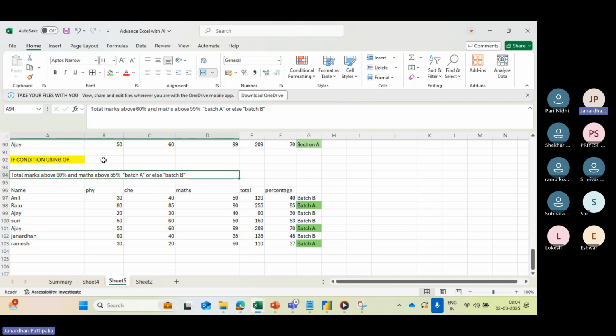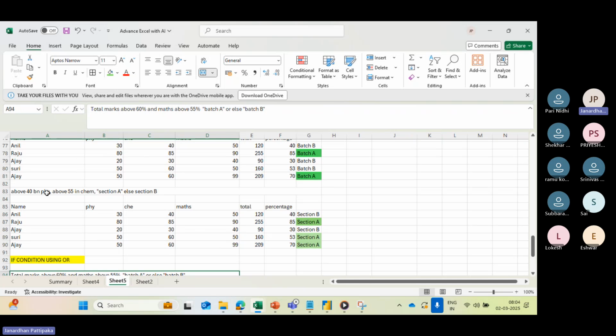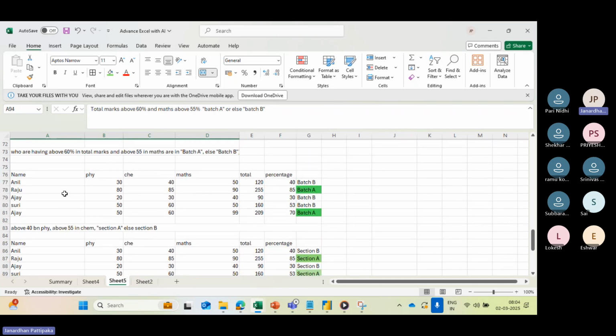If any one of the conditions satisfies, you will move to the batch A because we have used the OR condition. But when you use if along with the AND condition, here it should satisfy two conditions. The total marks percentage should be 60, and maths should be 55. If these two conditions satisfy, then only you will get the batch A, otherwise batch B.